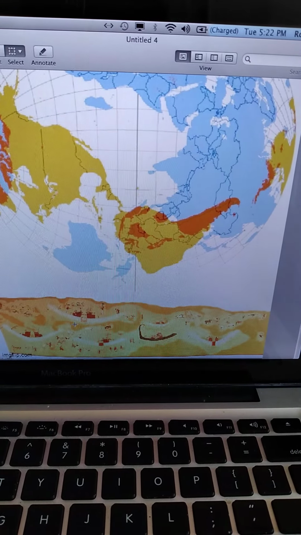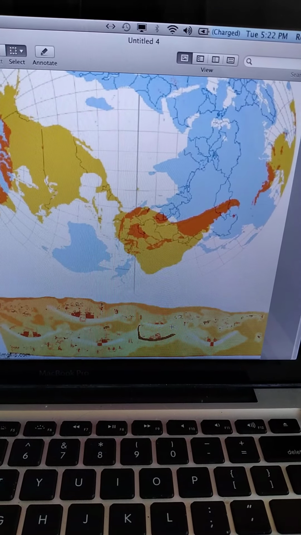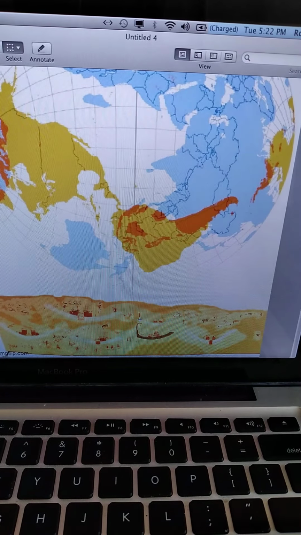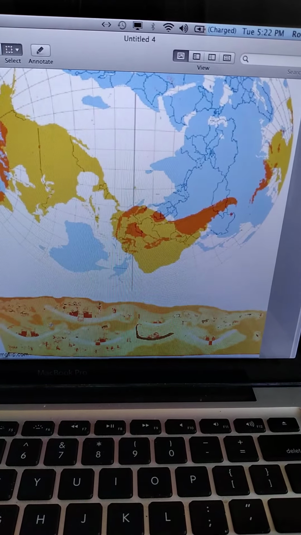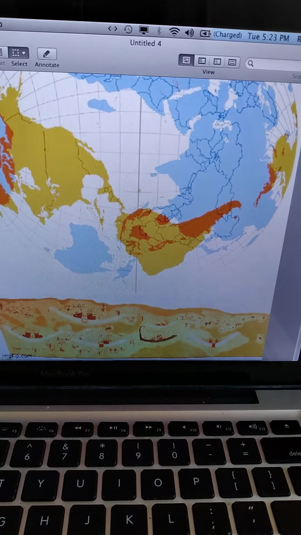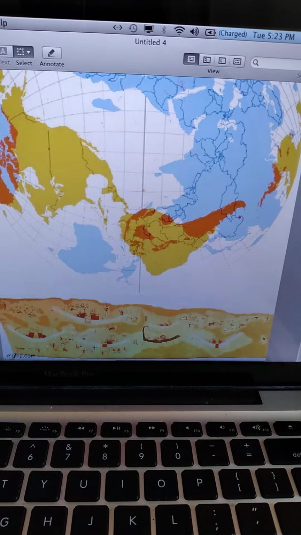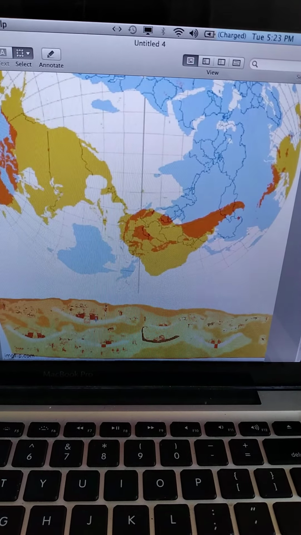But instead of showing South America on the left side, since the left side would be the southern side and the right side would be the northern side, what they did is they flipped it north to south and east to west. So it took me until now basically to figure out why they did that.